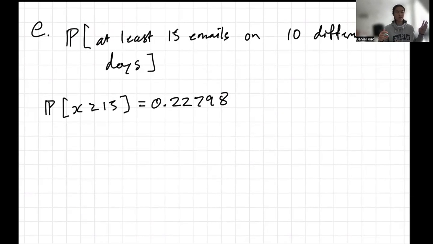And now, really, because of the memoryless property, right? Again, we know that the probability that we receive at least 15 emails on day 1, day 5, day 3 is the same thing, regardless, as long as there's no other funky distribution going on. But in this case, there is another funky distribution, and that is this 10 different days. Not just any 10 different days, it's 10 different days in April.